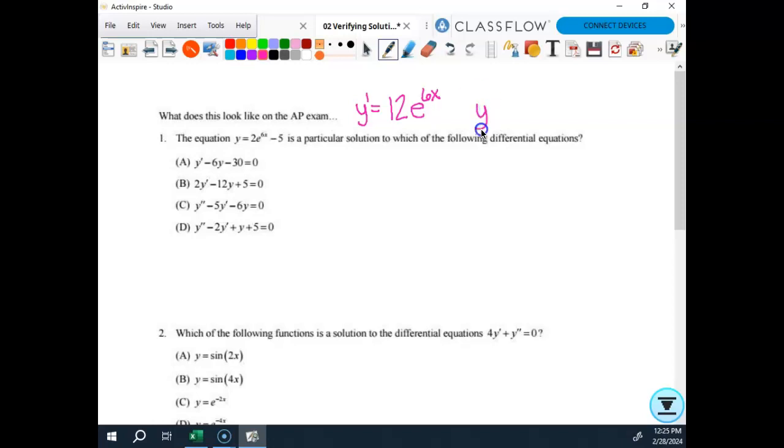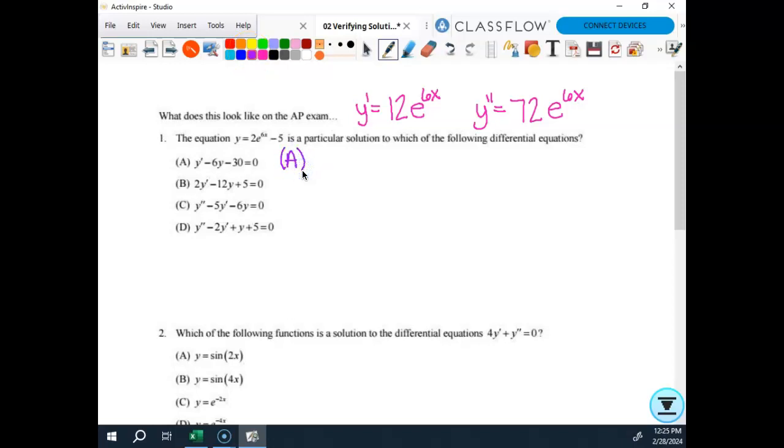So that means y double prime is what? 72e to the 6x power, right? All right, so in this type of situation, really your only option is to then take those and substitute those into each one of them and see which one works. So this is A, so let's start with A.